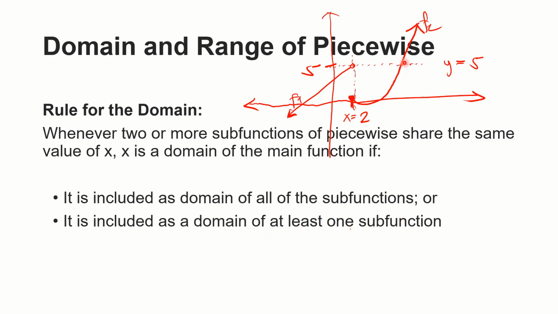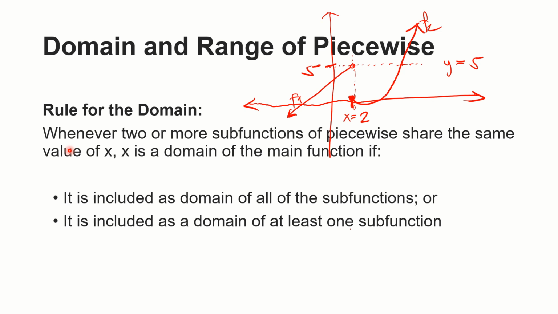Since in subfunction number 2, x is equal to 2 is included, therefore in the main function, x is equal to 2 is also included in the domain. So 2 is part of the domain of your function.